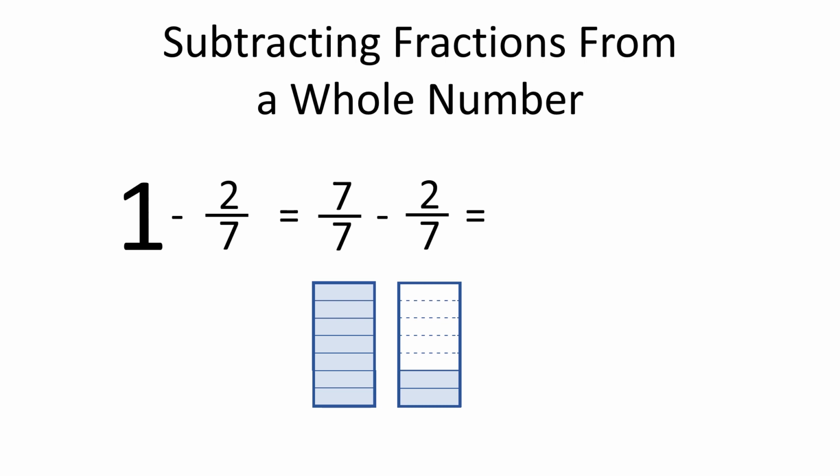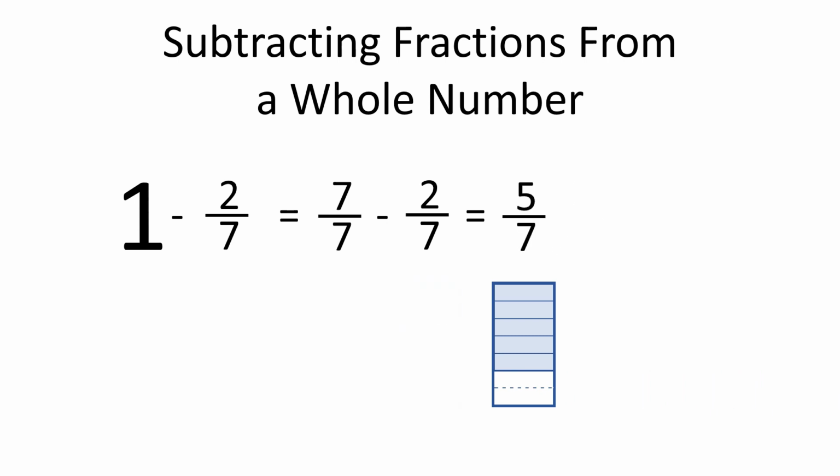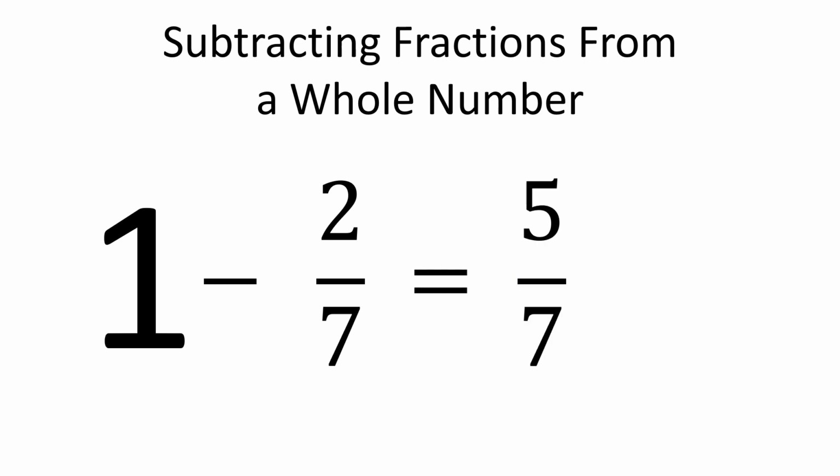As both fractions have the same denominators, we only subtract numerators. Thus, 7 minus 2 is 5. And we have 5/7, as the denominator does not change. So, 1 minus 2/7 is 5/7.